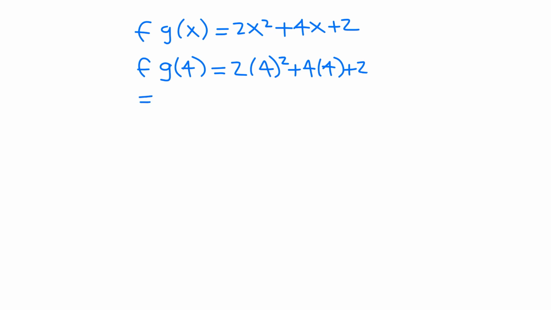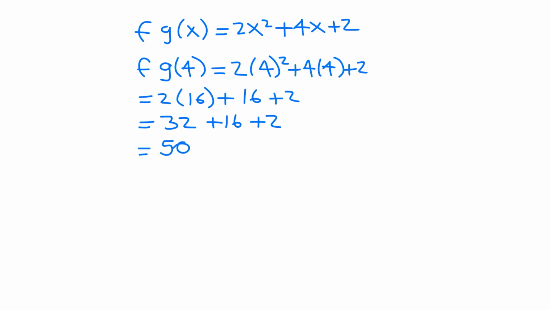And now we just need to work out what that is equal to. So this is going to be 2 times 16, so 4 squared, plus 16 plus 2. And when we simplify this, it gives us 32 plus 16 plus 2, which is equal to 50.